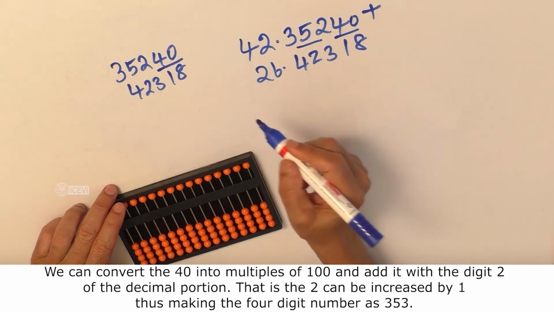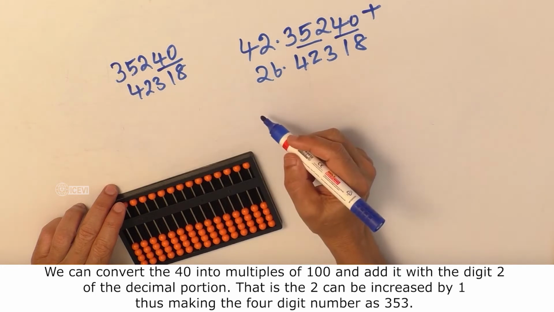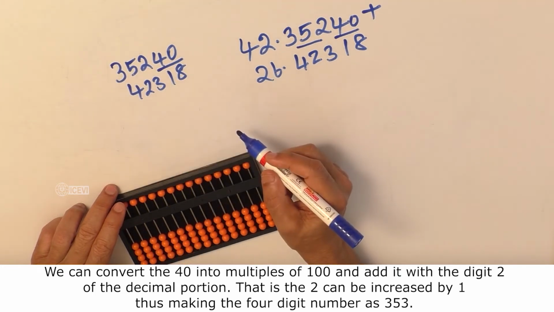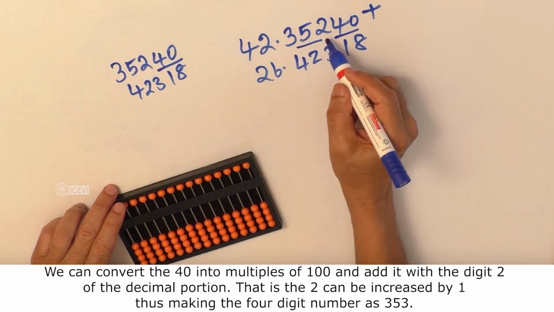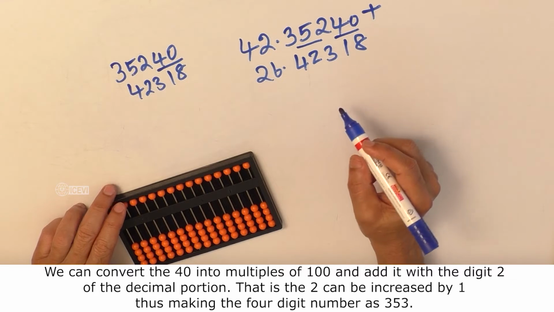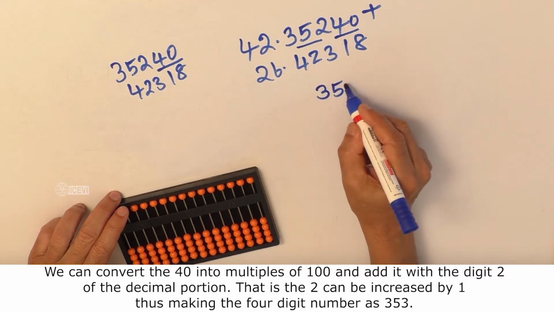We can convert 40 into multiples of 100 and add it with the 2 of the decimal portion. That is, 2 can be increased by 1, thus making the 4-digit number as 353.